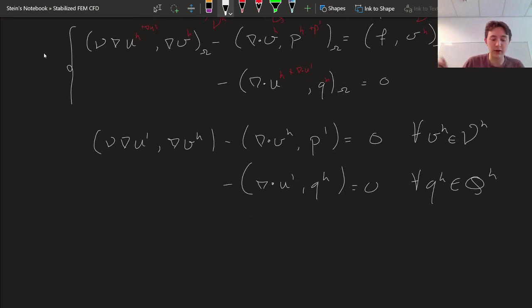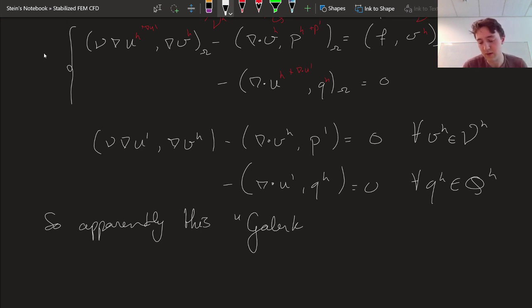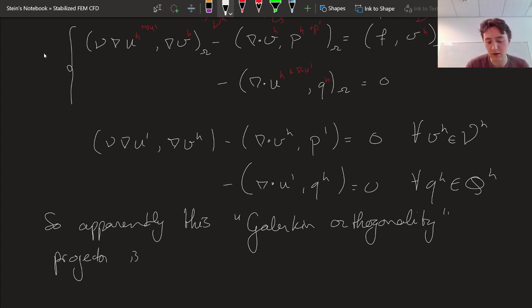I'll just write this down explicitly. We have two ways of trying to fix this problem from the variational multiscale perspective. Let me write down some of my thoughts at this point. So apparently, this Galerkin orthogonality projector is not suitable.